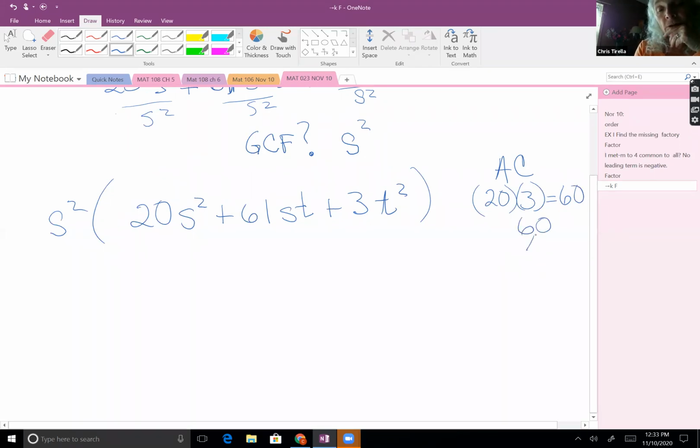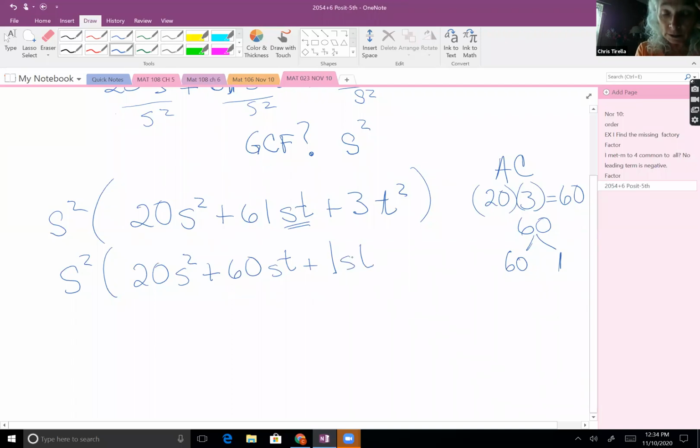And what factors of 60 would add to 61? I'm thinking 60 times 1 is about it, right? So we've got s squared times 20s squared plus 60st plus 1st plus 3t squared. We're going to keep the variable part the same.